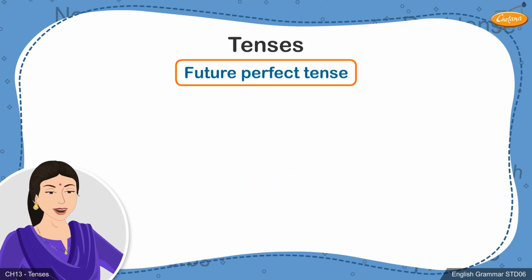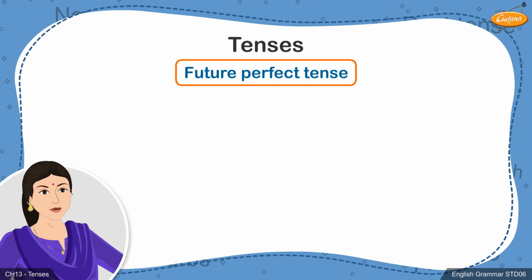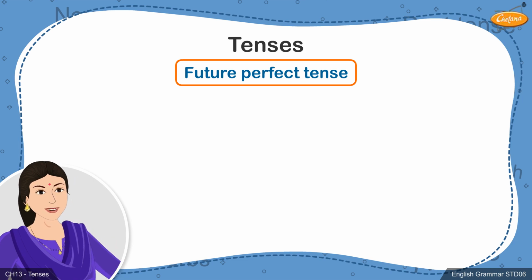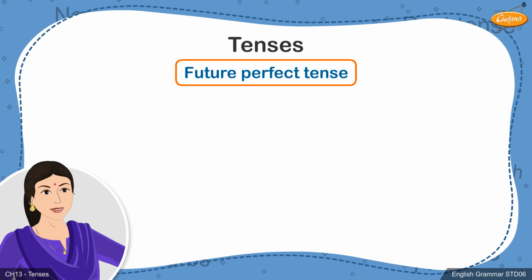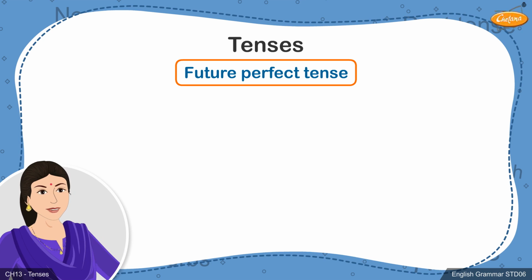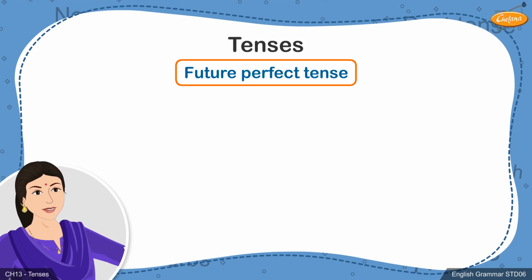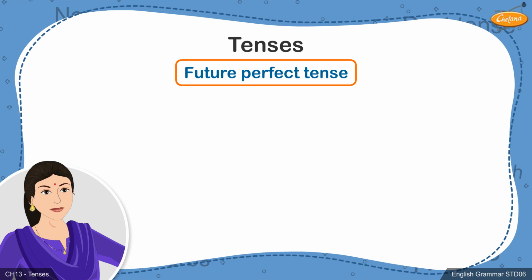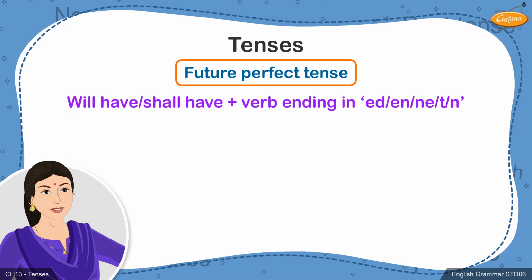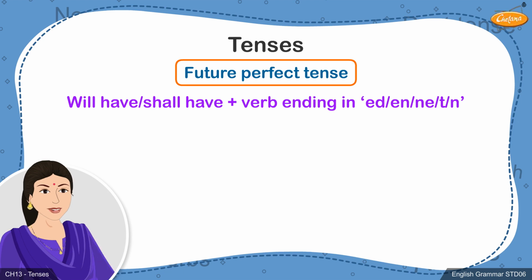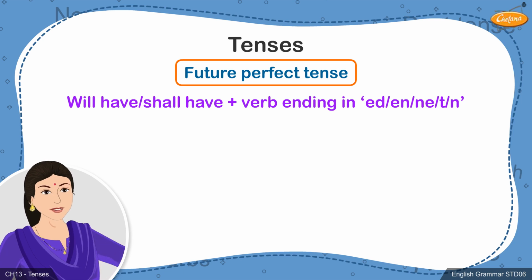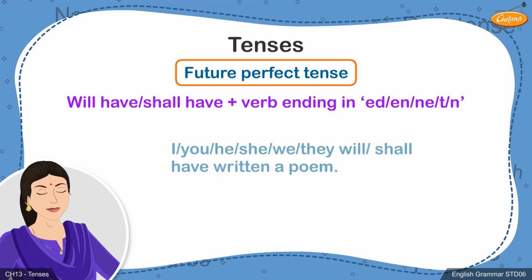Next, we have a future perfect tense verb, which has will or shall have as helping verbs and a main verb ending in the letters ed or en or ne or t or n. The formation is will have or shall have plus verb ending in ed or en or ne or t or n.